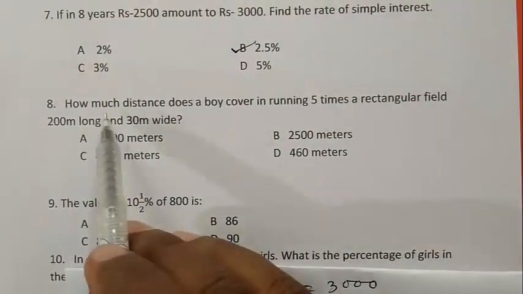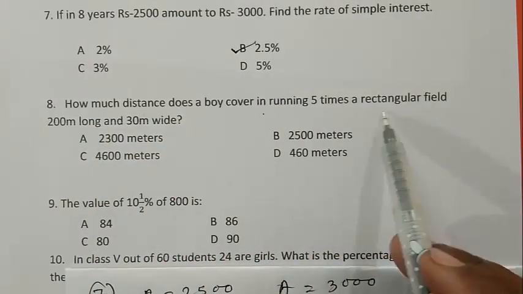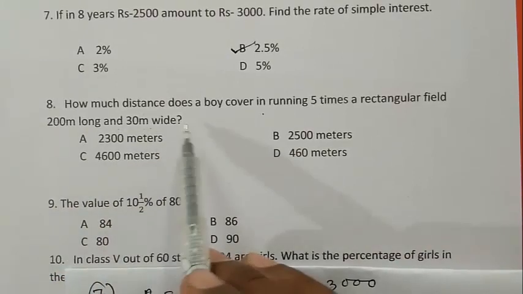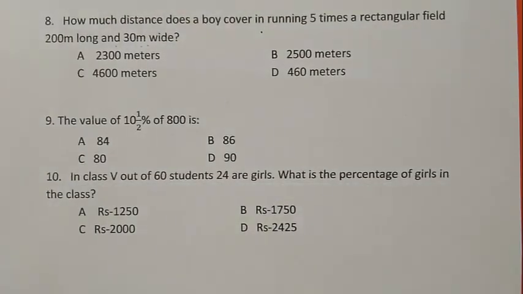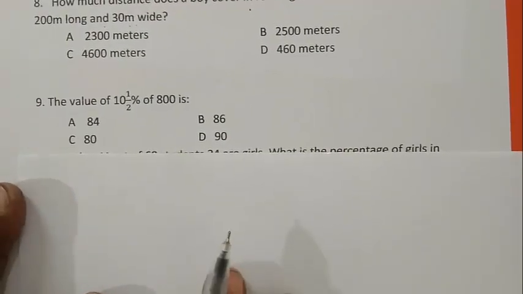Question number 8. How much distance does a boy cover in running 5 times a rectangular field 200 meter long and 30 meter wide? So first we have to calculate the perimeter of the field. After that we multiply the perimeter with 5.